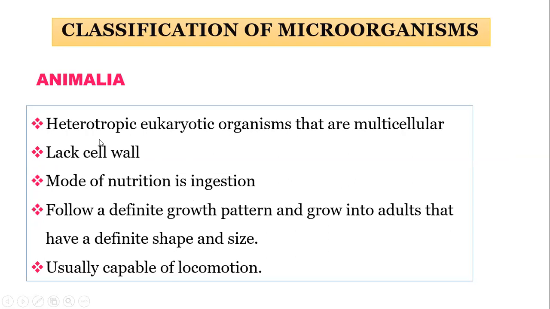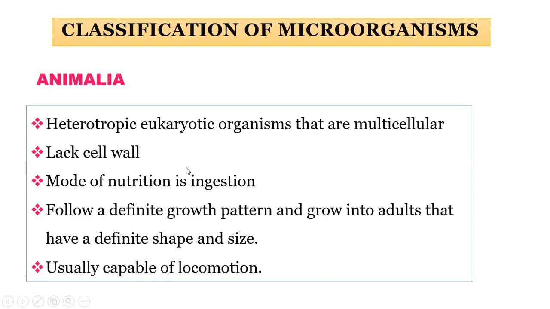Next, Animalia. Animalia are heterotrophic eukaryotic organisms that are multicellular. These animal cells lack the cell wall, and the mode of nutrition is ingestion.